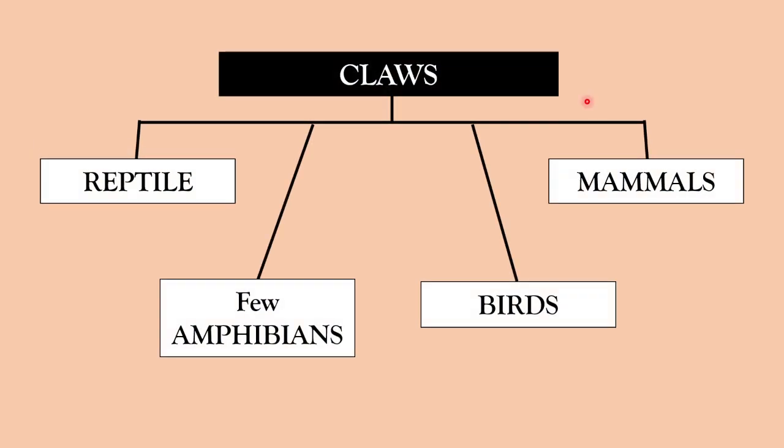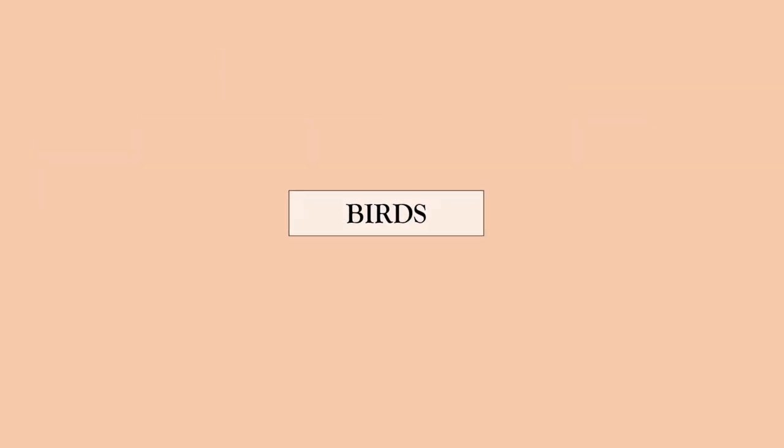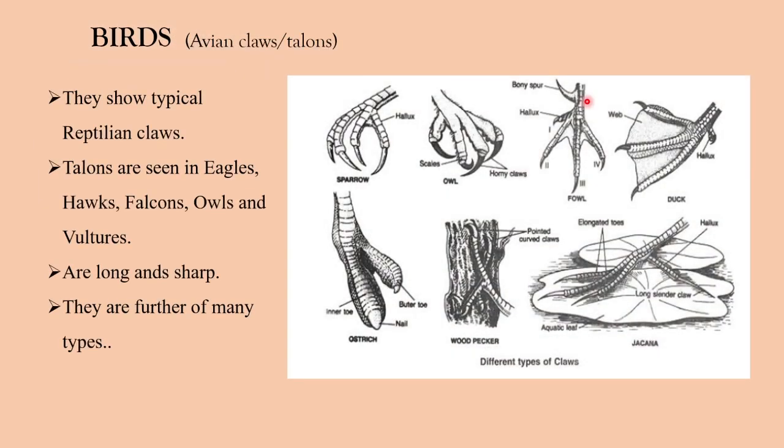Now that we have seen the reptilian claws, let's take a look at avian claws, that is the claws of birds. They are also called talons. Talons are sharp, hooked claws seen only in birds of prey. They are long and sharp compared to the ordinary claws of birds.